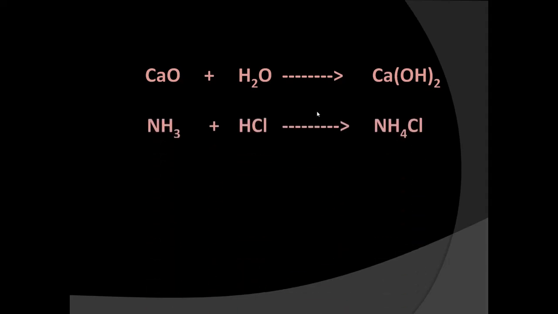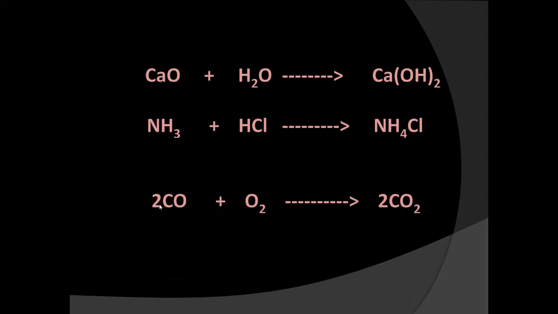Take one more example. Ammonia, NH3, reacts with hydrochloric acid, HCl. Here 2 compounds are there, ammonia and hydrochloric acid. These 2 compounds combine to give rise to a single product compound, that is ammonium chloride.